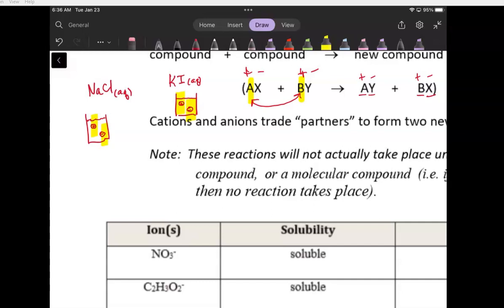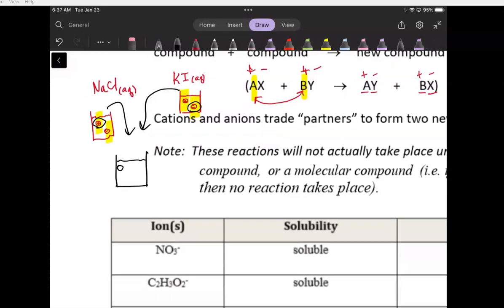And what that something else would be is if when I put them together, so let's say this beaker now represents a larger beaker where I've poured both of these in here, okay? And the positive from, let's say, the Na from here and the I from here, if they come together and form a solid crystal or a bunch of solid crystals that won't dissolve, that does actually represent something that wasn't there before.